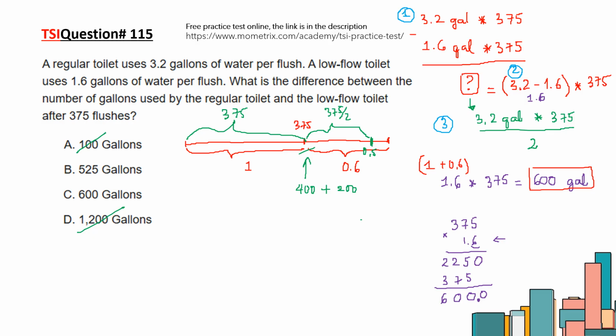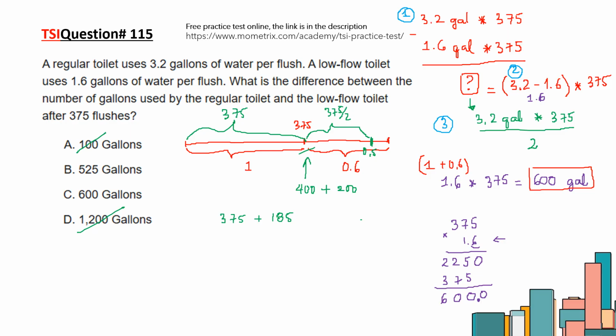So you have 375, and then half of 375 is about 190.